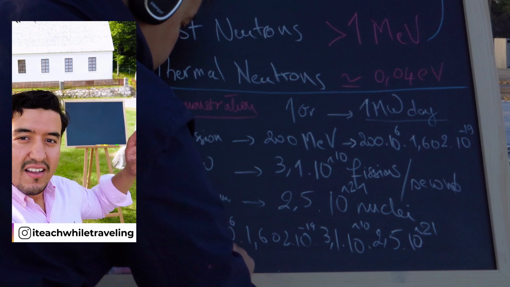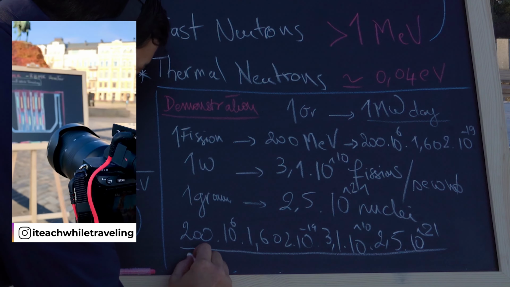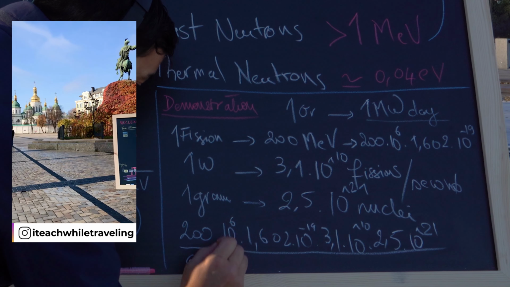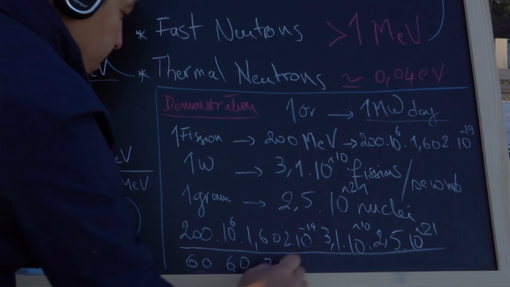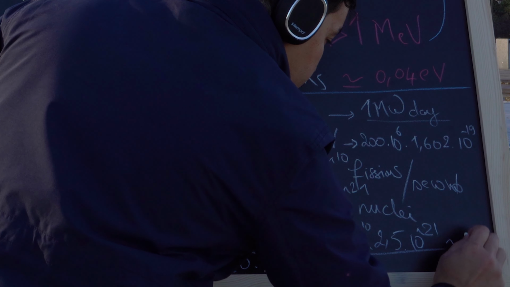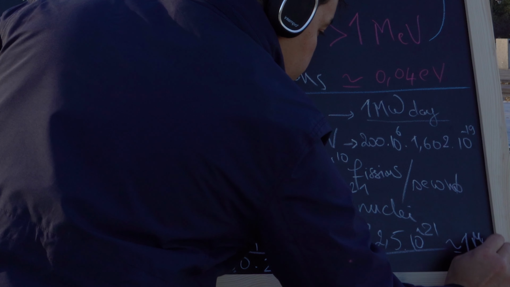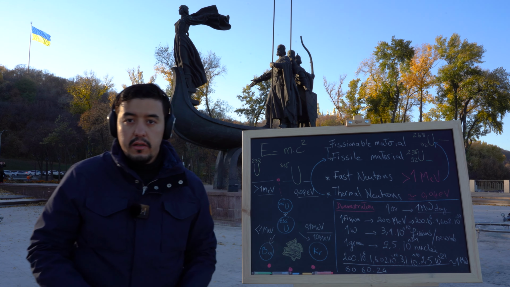Divide all of this by the number of seconds you have in a day: 60 seconds multiplied by 60 minutes multiplied by 24 hours. If you do this calculation, you will find a little bit less than 1 megawatt. And because I divided by the number of seconds per day, I know it's 1 megawatt day.